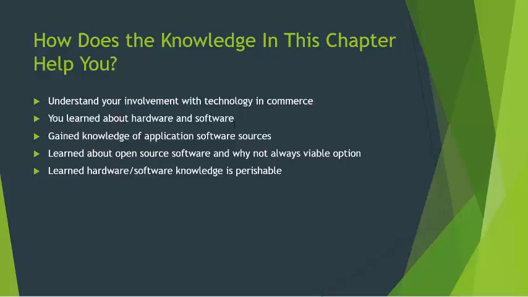We talked about application software, we talked about open source software, and what kind of things you need to look for there in terms of making a decision on whether you want to do a license or whether it is worth paying for that support and the operating expenses for that open source software.